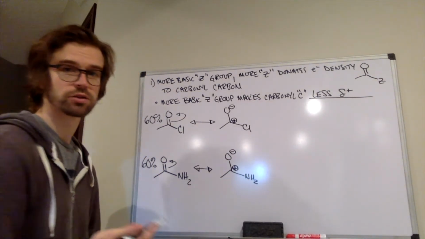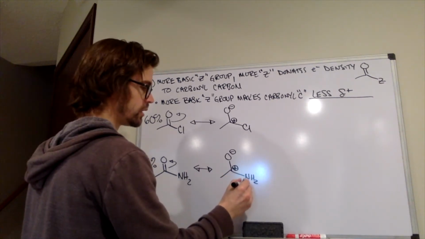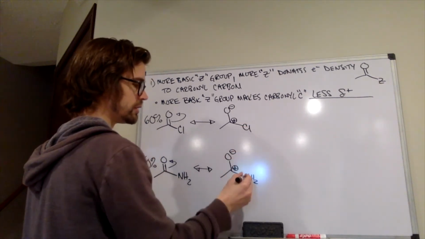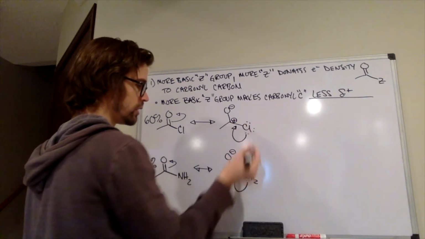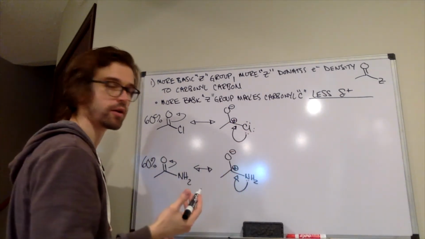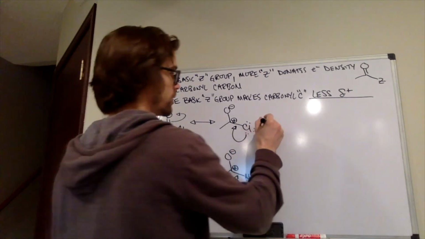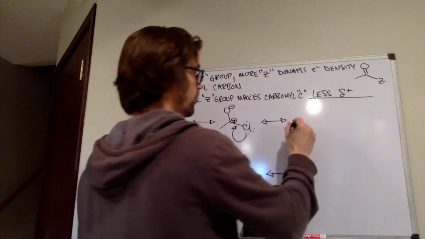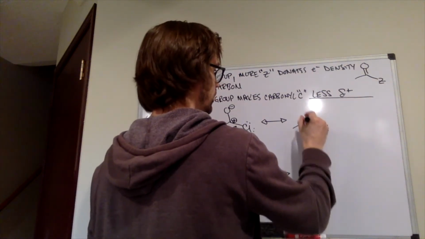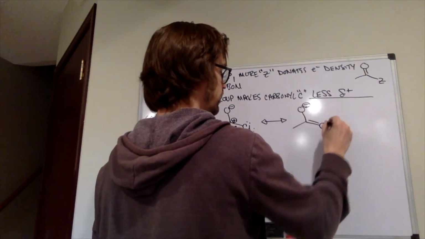A third resonance structure that we could show is that both of these, this NH2, this Cl, have electrons, and they can donate those to that positive charge. So the third resonance structure would be shown here.